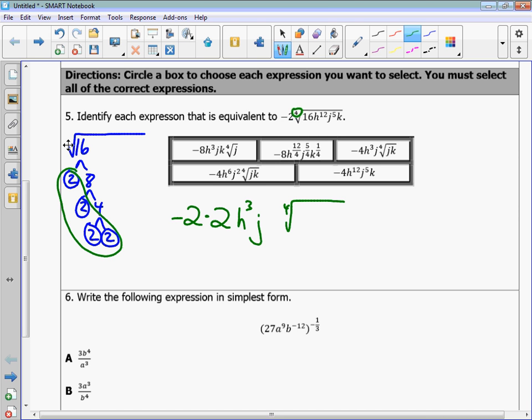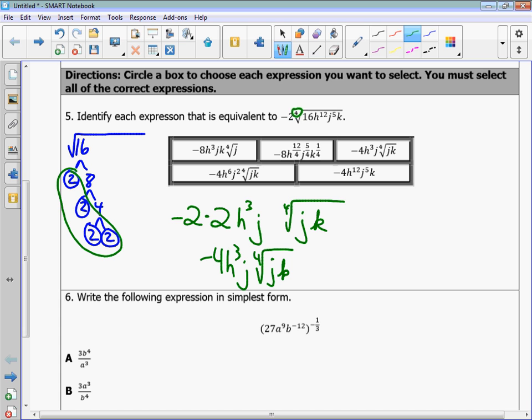All right, so 4 j's come out, 1 j is left over and stays underneath the 4th root, and k is only 1 k, so that cannot come out. So we have the 4th root of jk. -2 times 2 is -4, h to the 3rd, j, 4th root of jk.